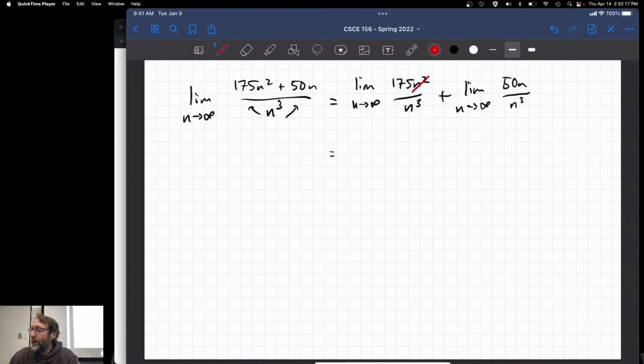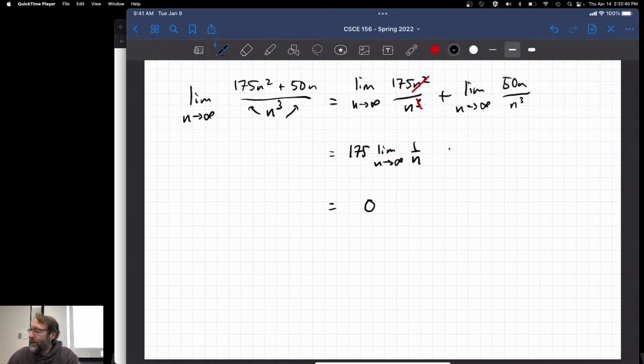Well, the n squared cancels with the cube, and so what am I left with? I'll pull the 175 out front so that we're in something I call obvious land. What happens to the limit of 1 over n as n tends towards infinity? 0.